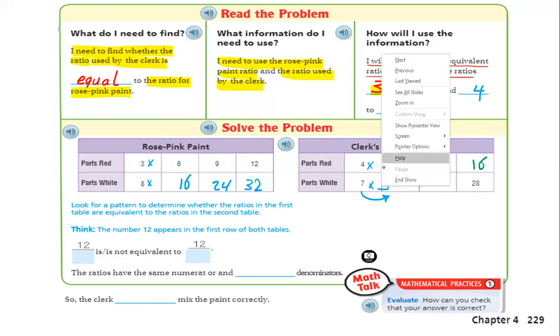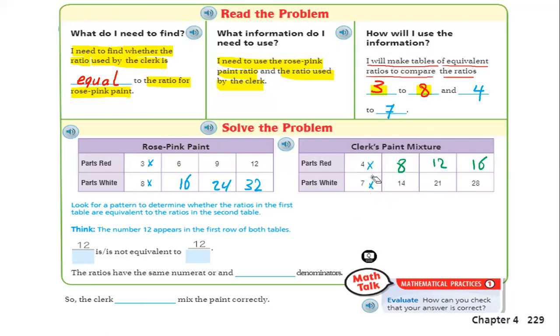All right. So guys, do you notice the common number between the first table and the second table? What is the common number for the first ratio and the second ratio in the numerator? 12, that's right.